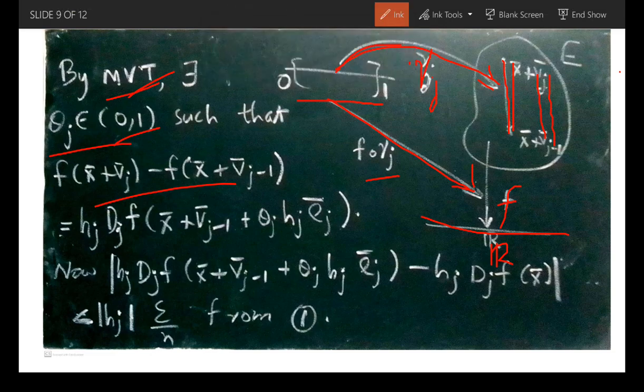Finally, the first j minus 1 coordinates cancel each other and give 0, 0, etc. The jth coordinate is hj, and the remaining are all equal to 0. So that is the distance, hj, into the derivative of f, the derivative of this composition.